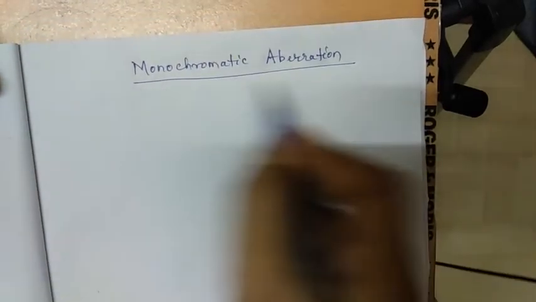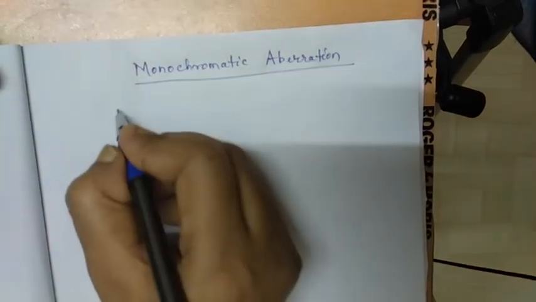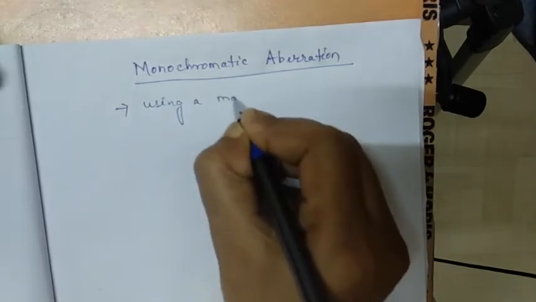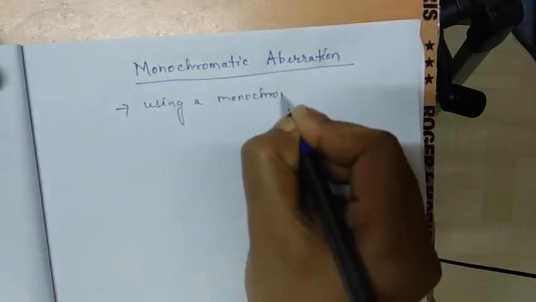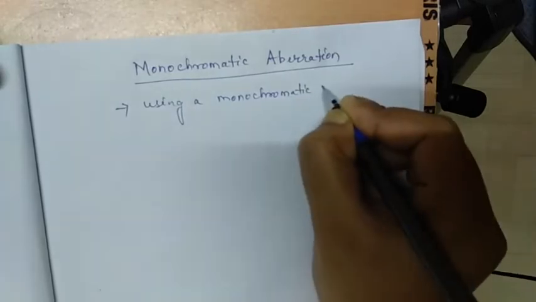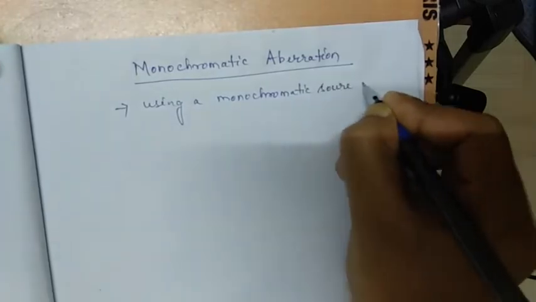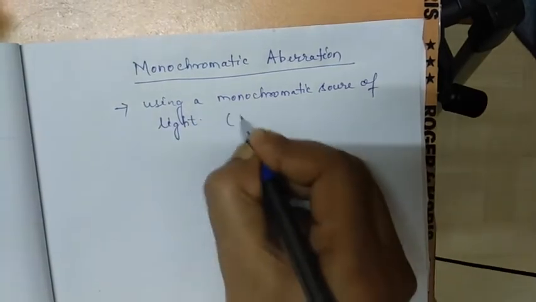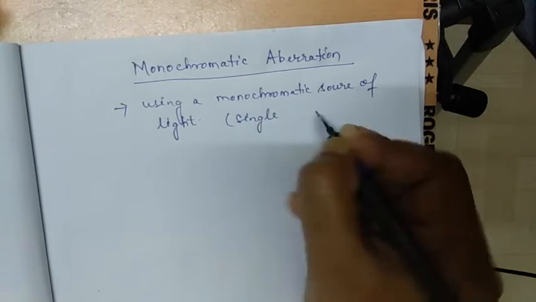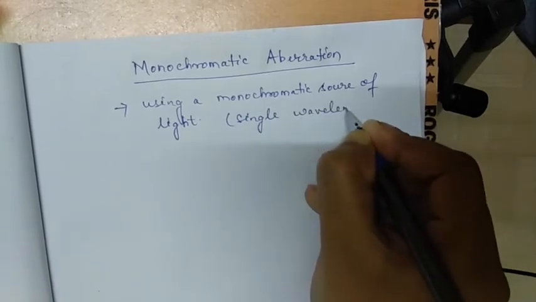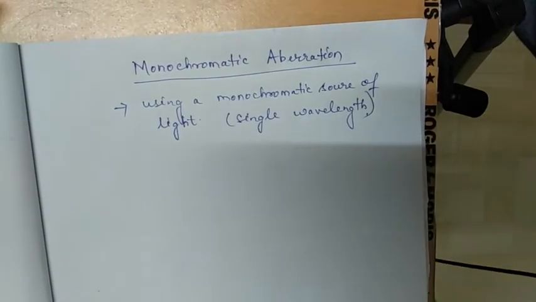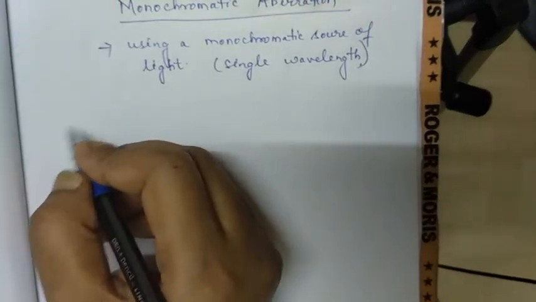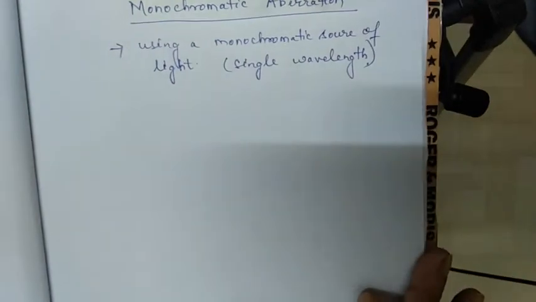So first, the monochromatic source of light we are using, which has only a single wavelength. Now it depends on some factors. Let us find what the factors are.